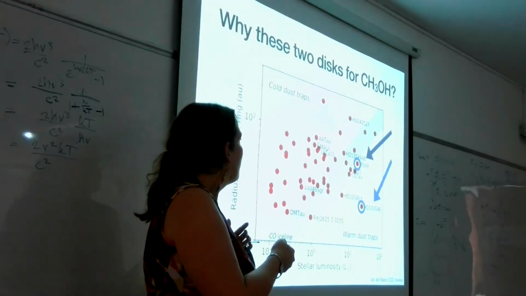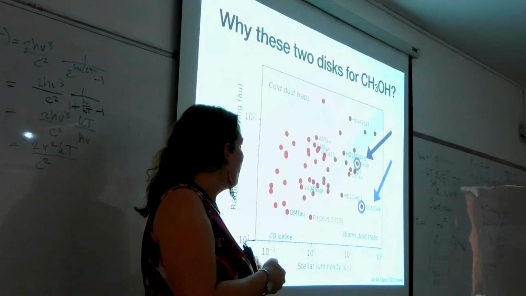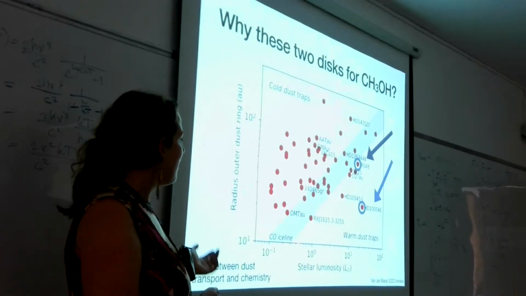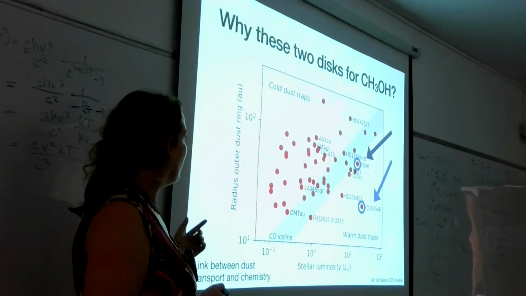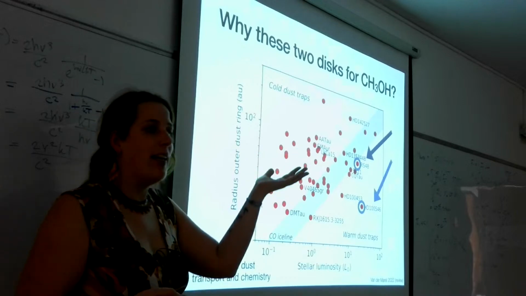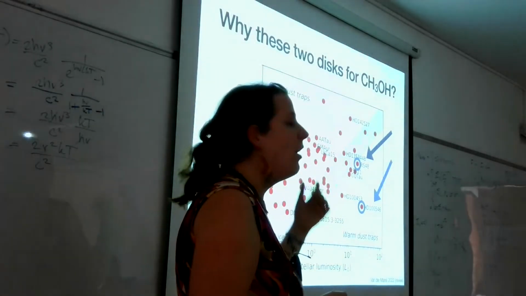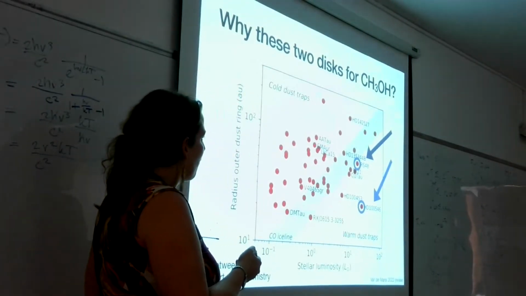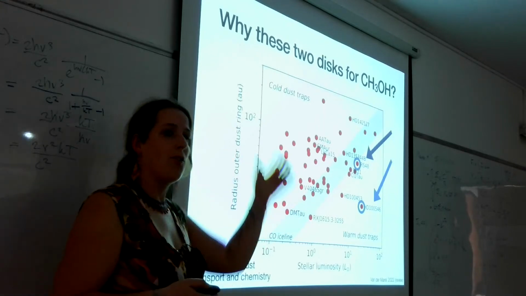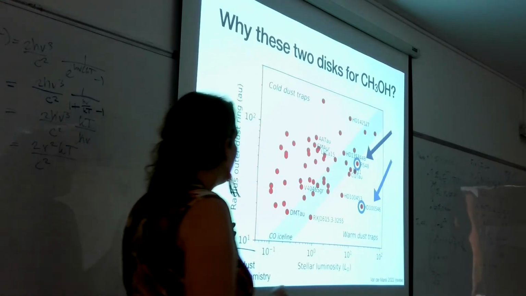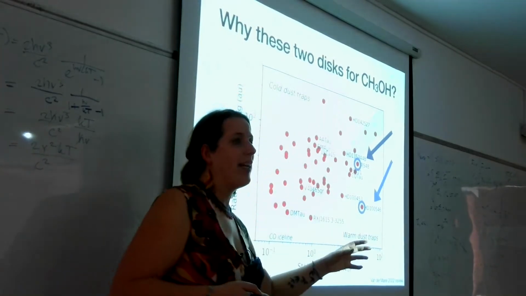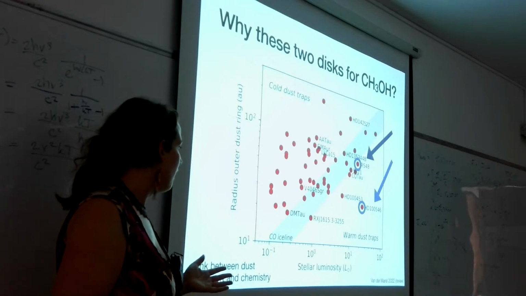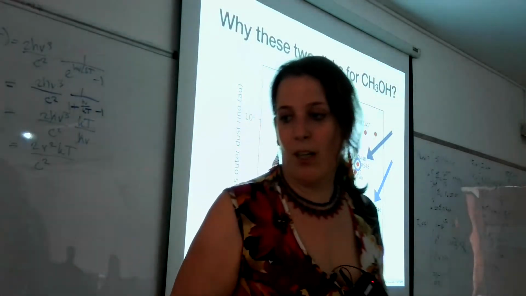So there are more dust traps where the temperature, even in the midplane, is already above the CO sublimation, and in higher layers it's probably above the other snowlines. Most of these other disks have their dust traps either further out or their star is less bright. So that means that their dust rings are colder, and whatever is there will remain frozen out. So this is one possible explanation.